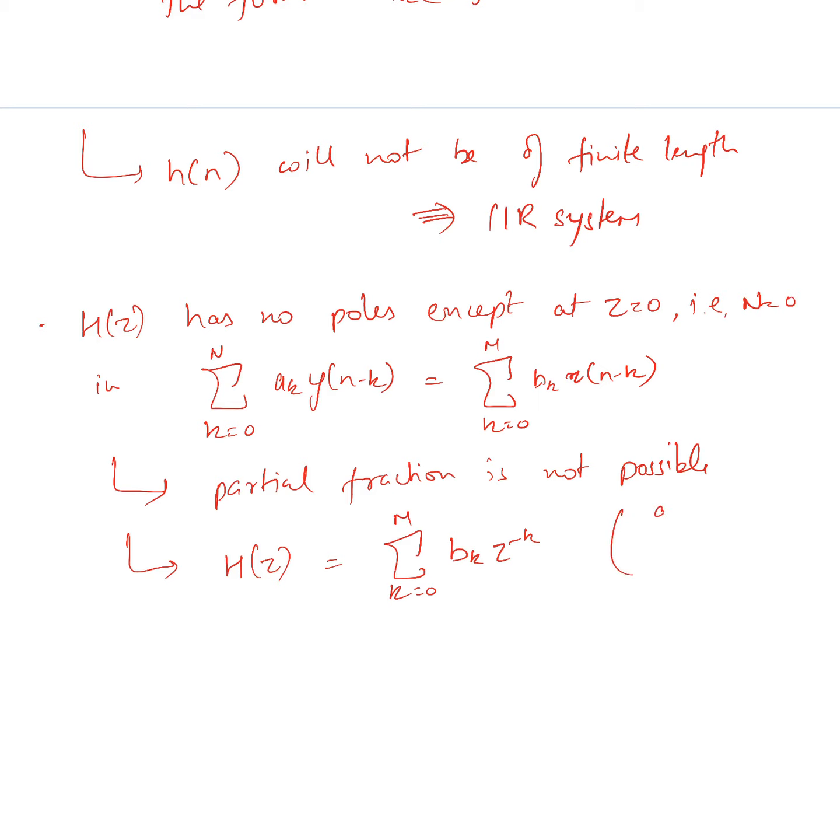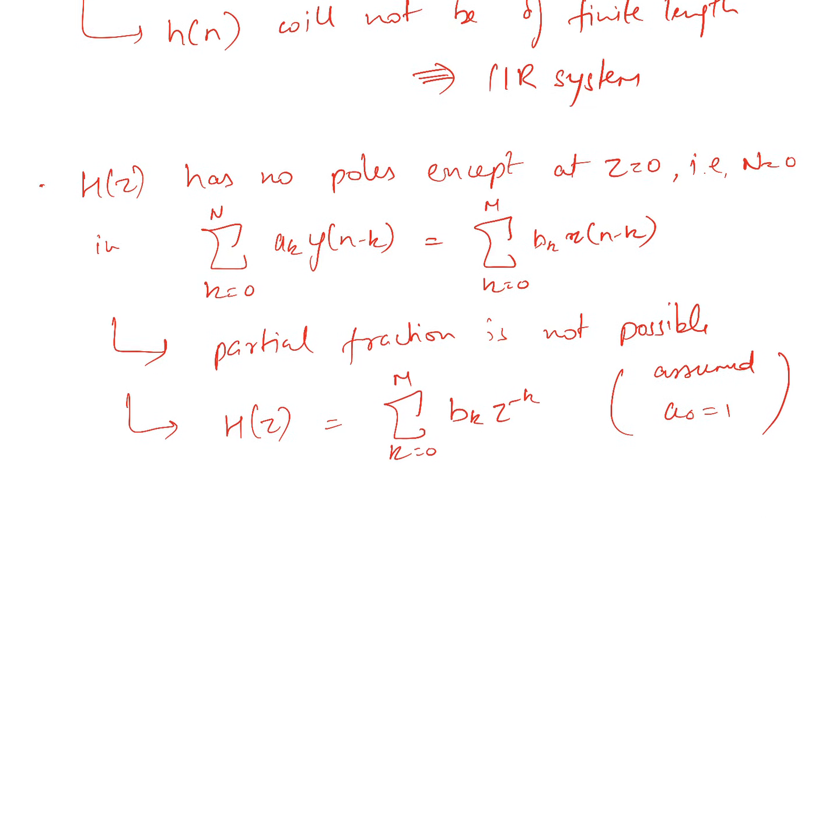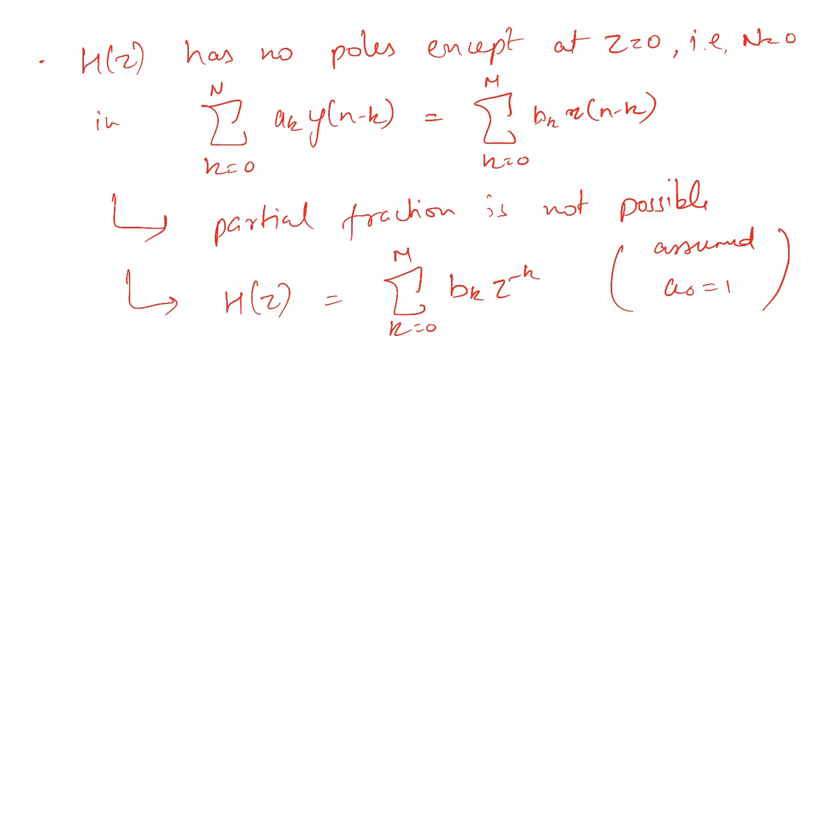Obviously, it is pre-assumed that a_0 is equal to 1. So for this H(z), your h(n) is given by summation k equal to 0 to M, b_k delta(n minus k), which can also be equivalently represented as b_n for n lying between 0 to M, and it's 0 otherwise.